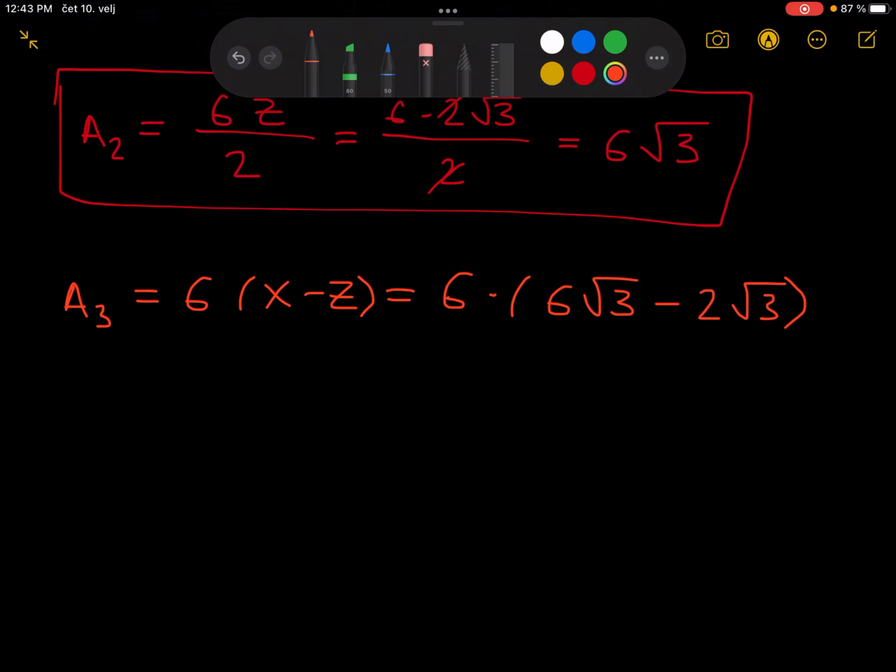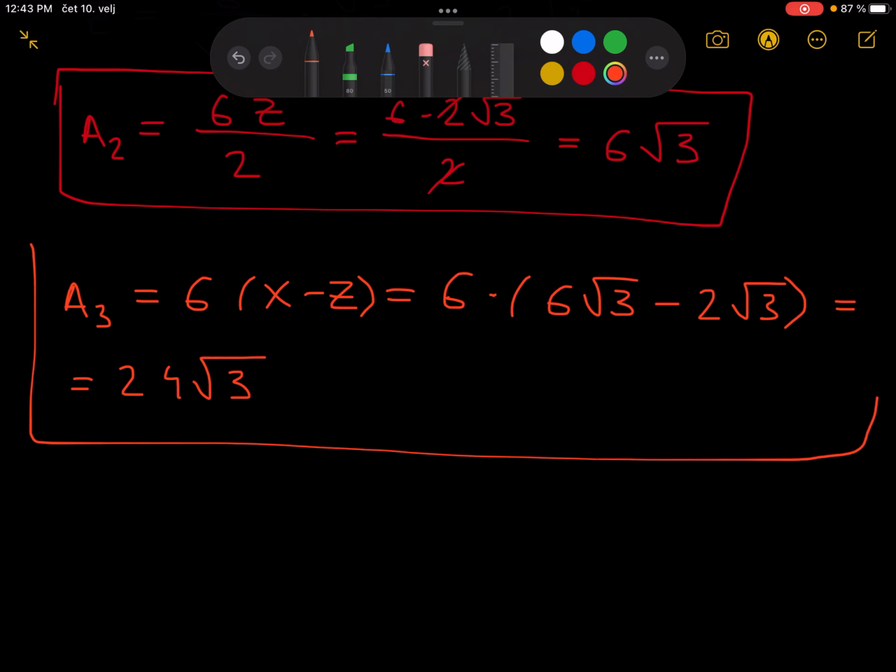So this together gives us 4 times the square root of 3 multiplied by 6, which is equal to 24 times the square root of 3. And that's the third and final part of our answer.